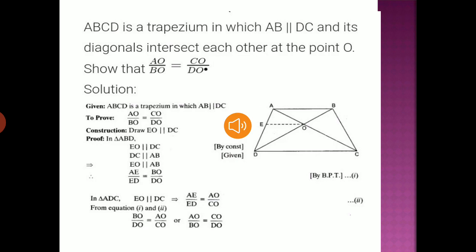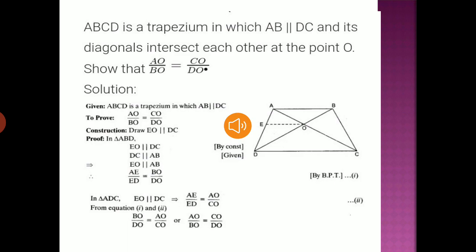Next question is ABCD is a trapezium, AB parallel to DC, and diagonals intersect each other at O. Show that AO by BO is equal to CO by DO. To prove this, we need to draw an extra construction EO, that is a line parallel to DC, and DC is parallel to AB.